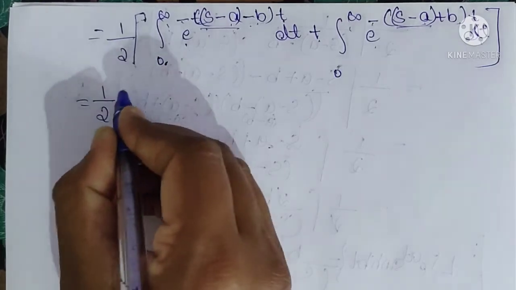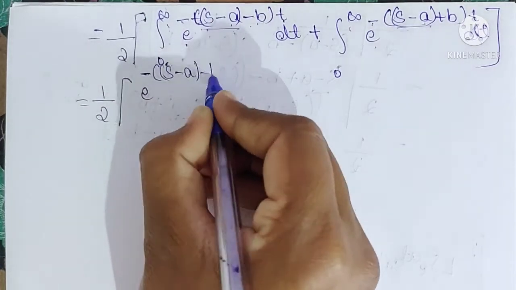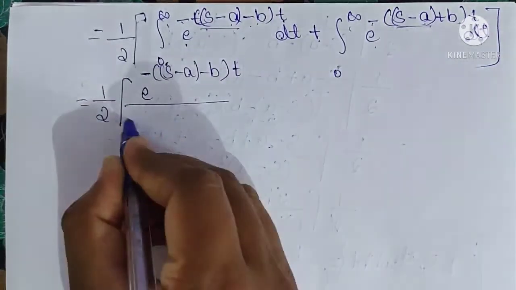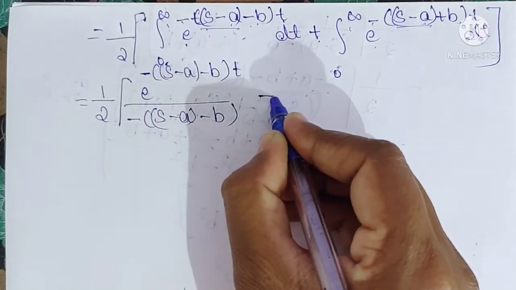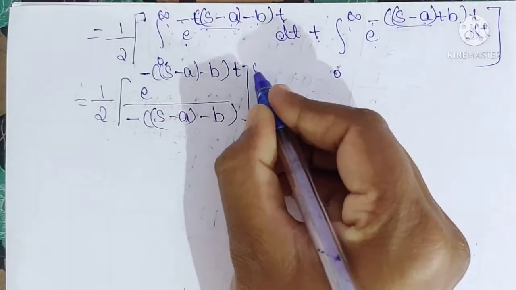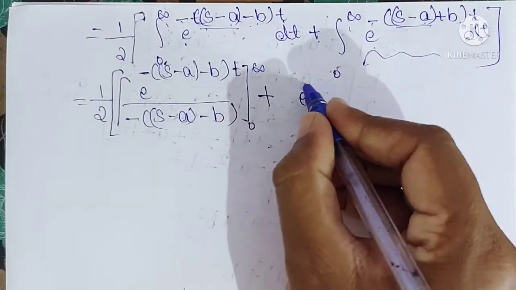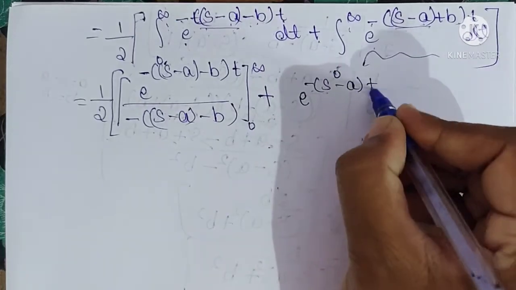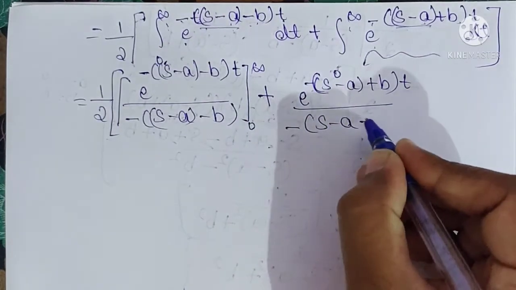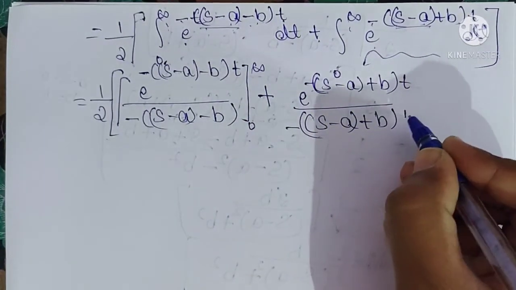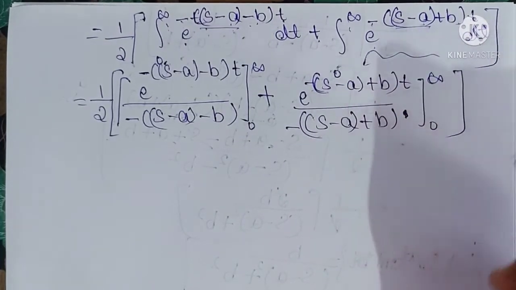Integrate: 1/2 times e^(-(s-a-b)t) divided by -(s-a-b), plus the second integration, e^(-(s-a+b)t) divided by -(s-a+b), limits 0 to infinity.